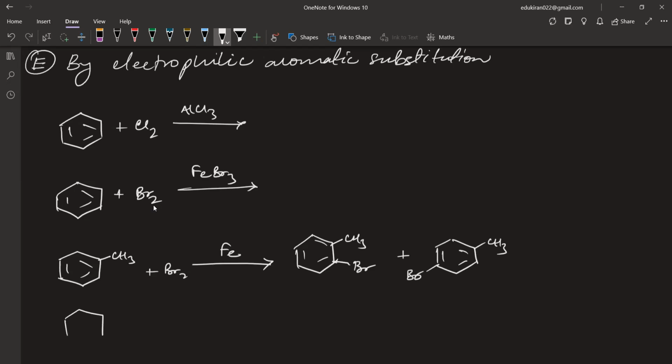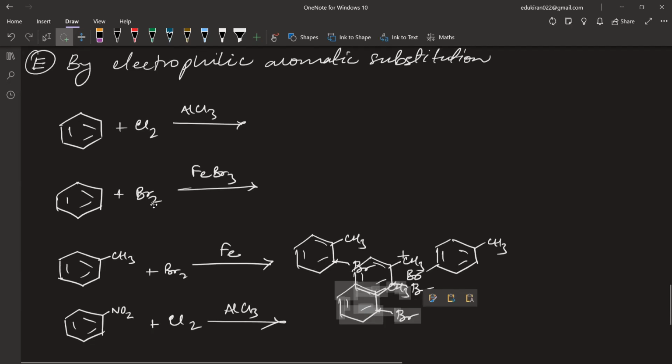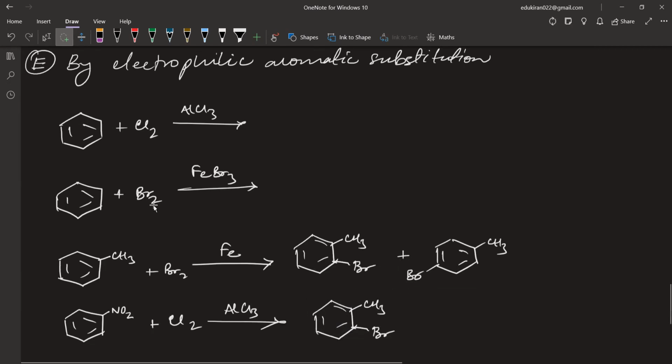But if I have groups such as NO2, plus Cl with the presence of AlCl3, then I will not get an ortho or para substituted product, rather only a meta substituted product, right? So it will be something like this. I can just move the Br somewhere else.